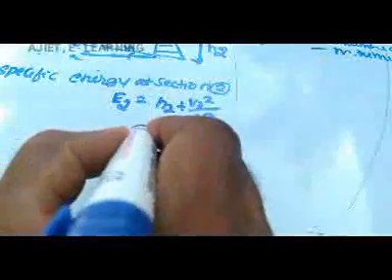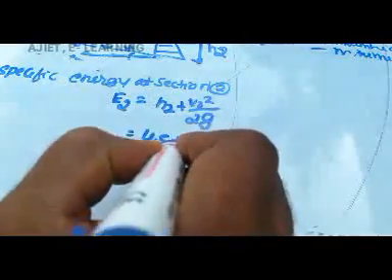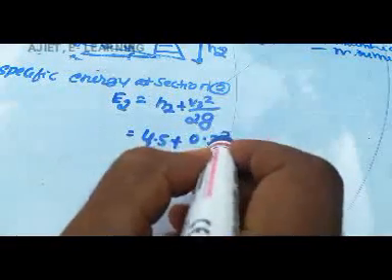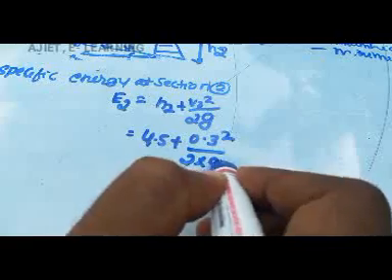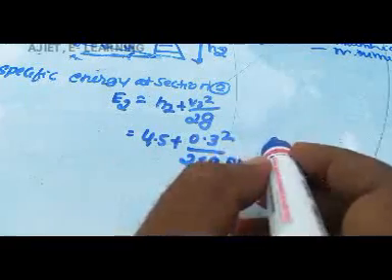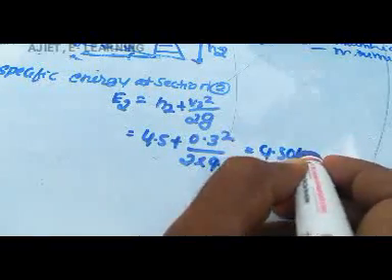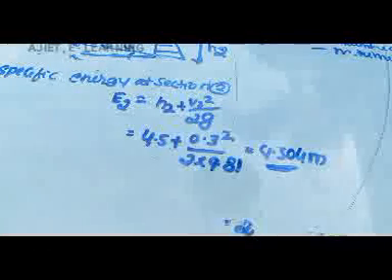E2 is equal to H2 plus V2 square by 2g. So it means 4.5 plus 0.3 square divided by 2 into 9.81, which is equal to 4.504 meter.